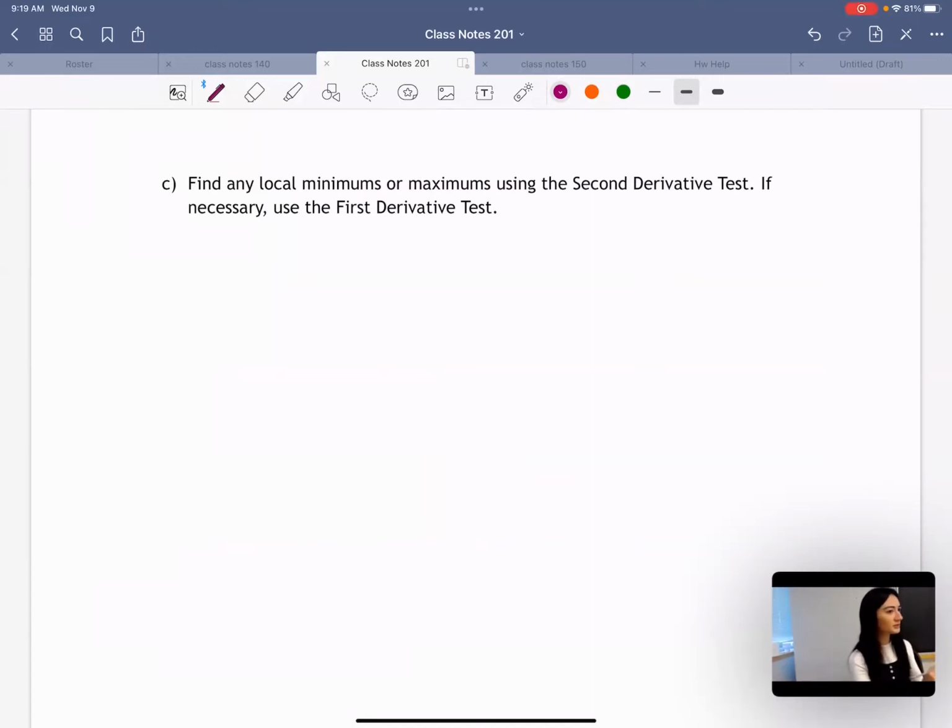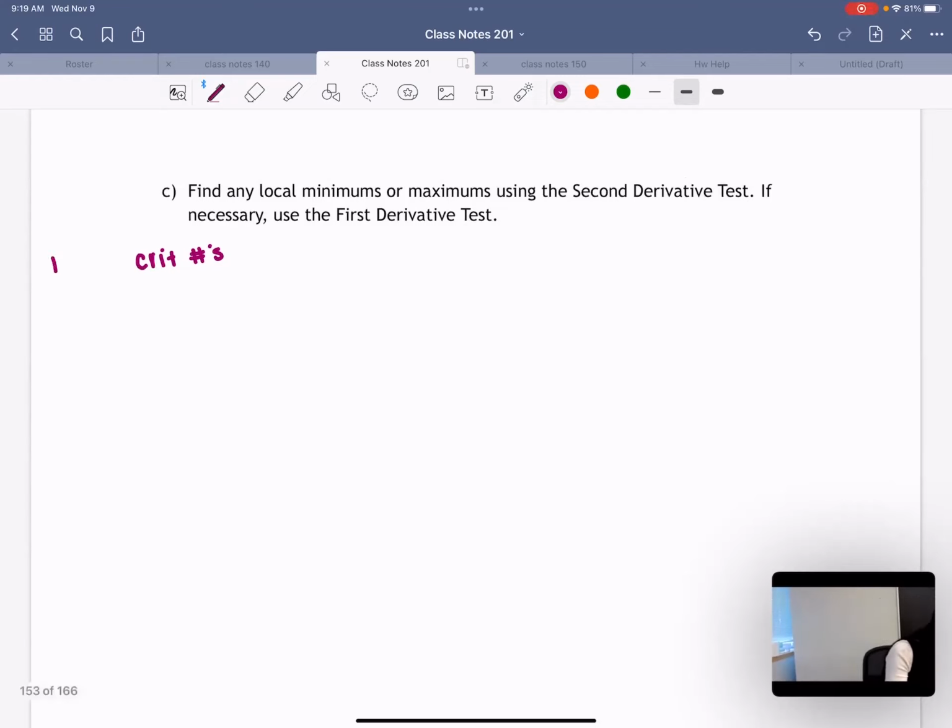What numbers are we plugging into what functions? Critical numbers. So I'm going to take the critical numbers, and where am I going to plug them into? Yeah, right. It's the second derivative test, so we probably should plug things into the second derivative, right? So we're going to plug the critical numbers into the second derivative.